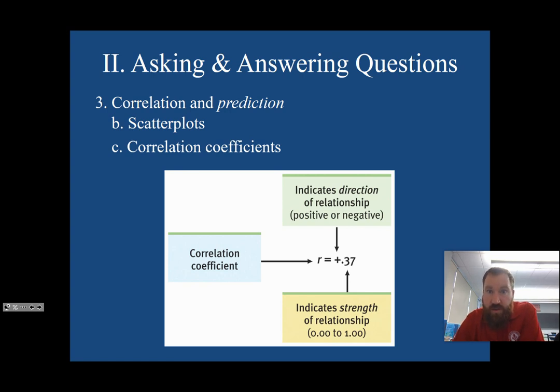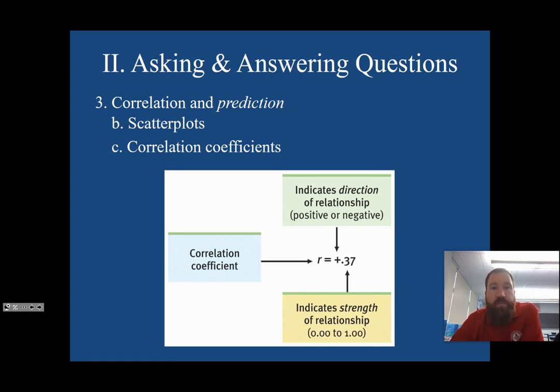It doesn't talk about strength at all. It is just the direction of the correlation, either positive or negative. And then the number, if you want to think of it as absolute value, closer to 1 is a stronger correlation, closer to 0 is a weaker correlation. So positive 0.37 is a relatively weak, although still there, positive correlation.